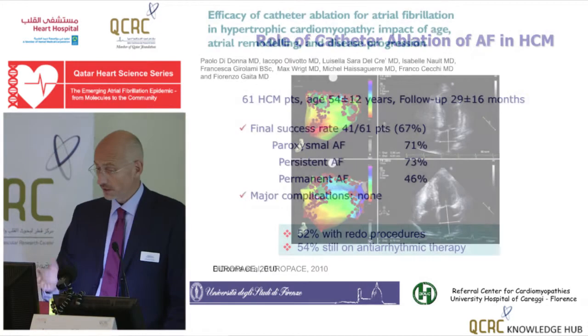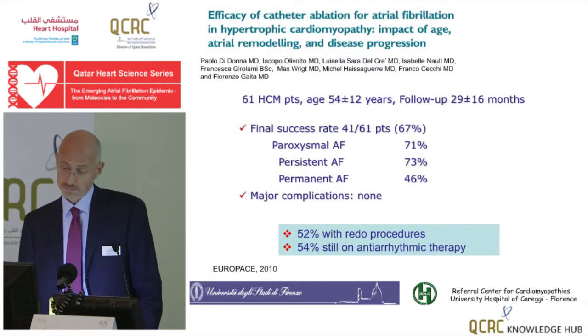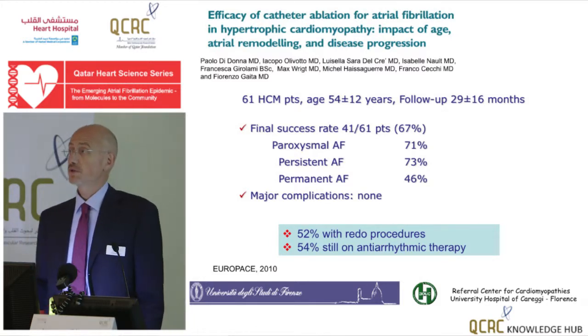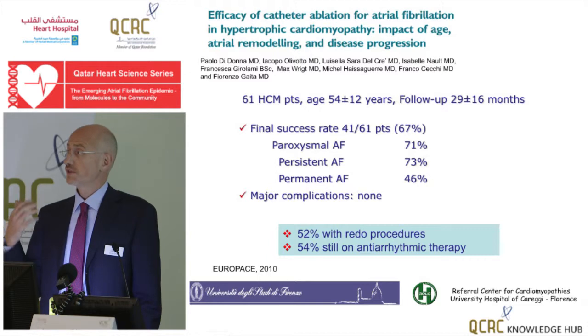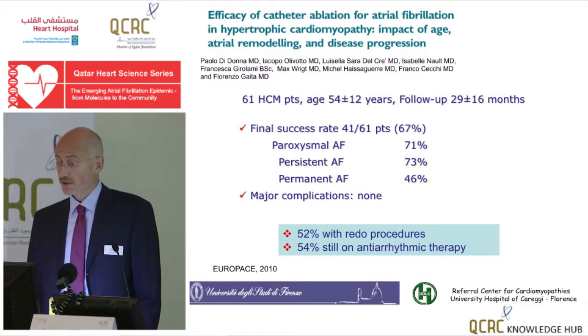This is currently the largest series published to date, and in which we have participated as a collaboration with the groups in Turin and Bordeaux and Michel Assaguer. And it is 61 HCM patients who were selected because their atrial fibrillation was recurrent, resistant to at least 2 antiarrhythmic drugs, including amiodarone, sequentially provided, and very symptomatic.